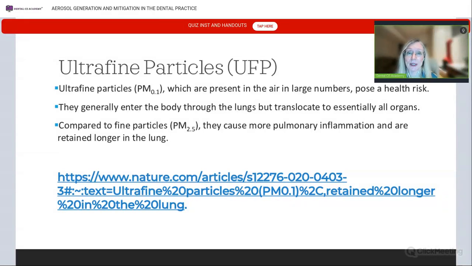They enter the bloodstream because these particles are so small in diameter and so light in mass, they will bypass all of the protective features of the respiratory system. And again, they enter the bloodstream and circulate like an oxygen molecule, and they can translocate to essentially all organs. Compared to fine particles, they cause more pulmonary inflammation and they are retained longer in the lung.